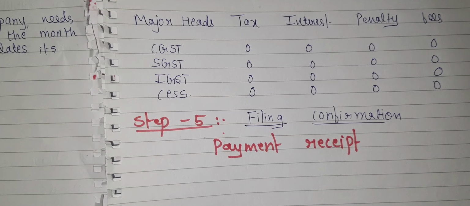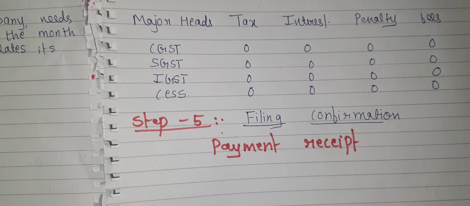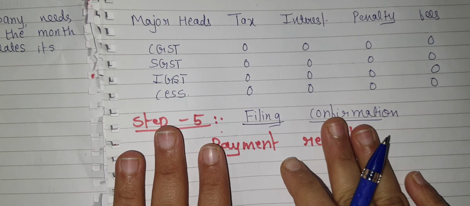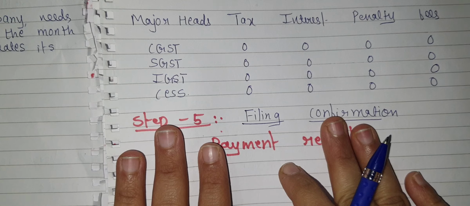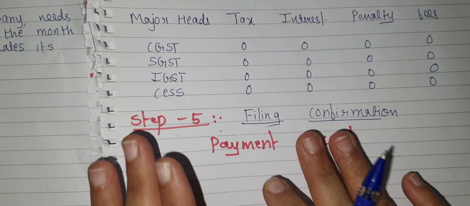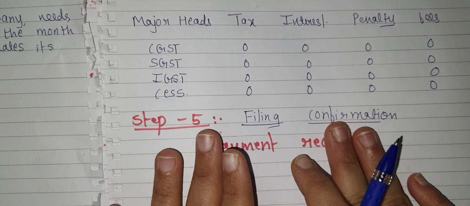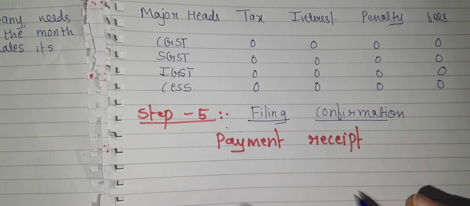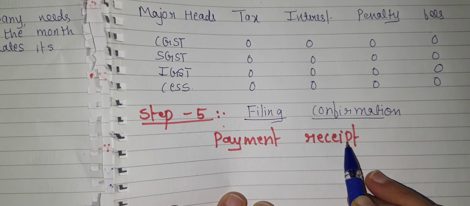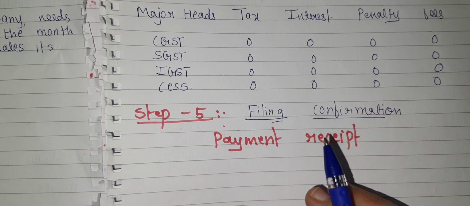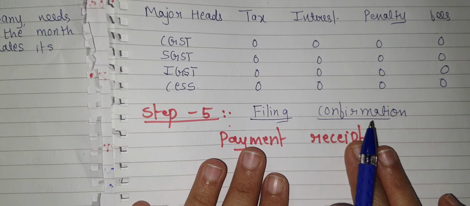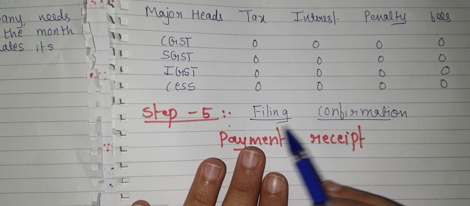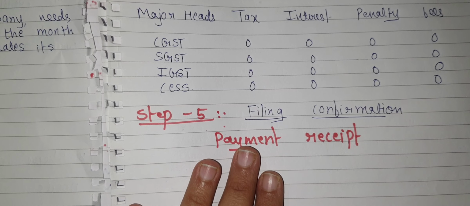Once the tax liabilities and late fees are paid and the return is filed, the system generates the payment receipt. This is about filing confirmation.